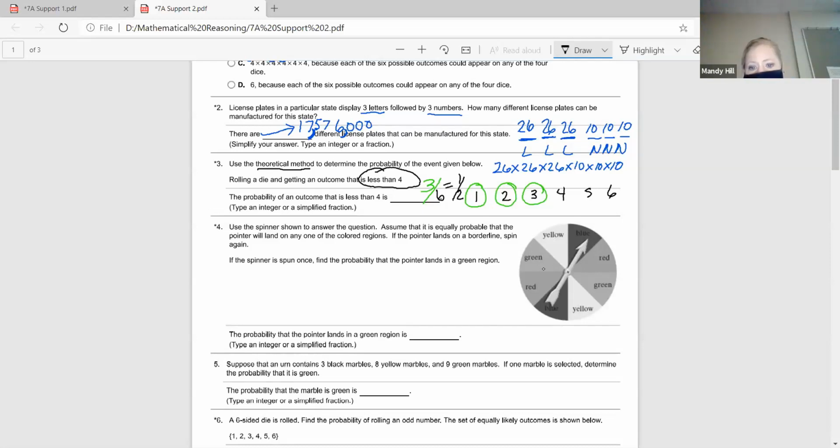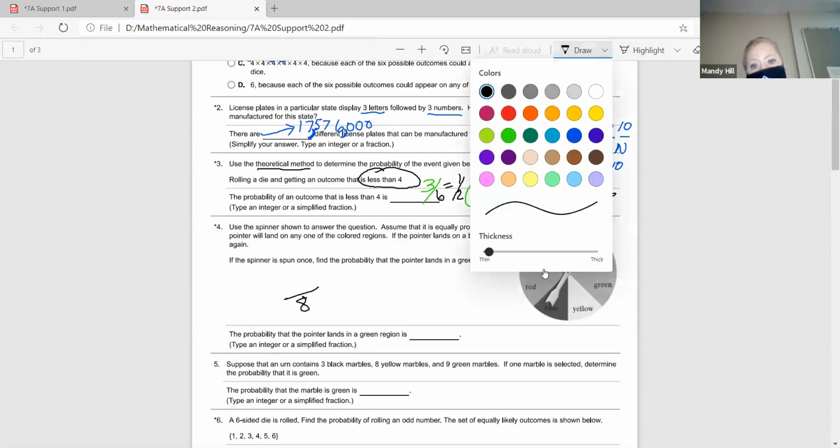Well, I'm going to have to know how many regions, they're equally divided up, right? Each little section is taking up about the same amount of space. So I've got 8 sections here. So we've got 8 total. How many are green? And it's very hard to see on your paper, I know that.